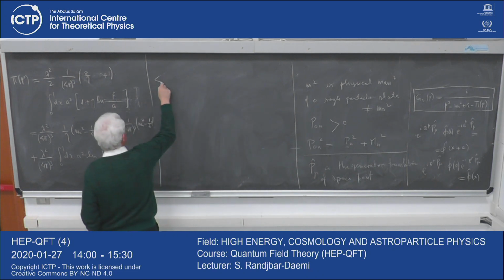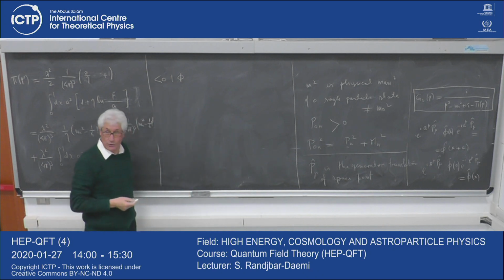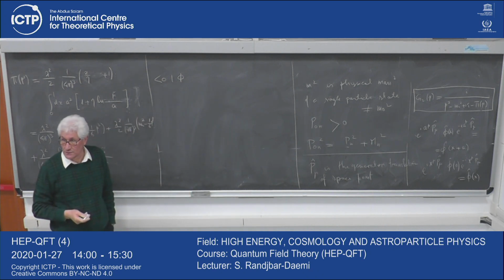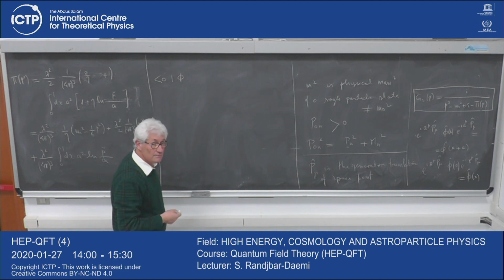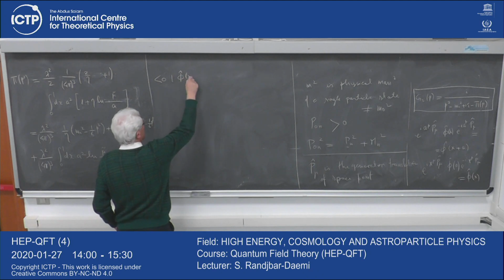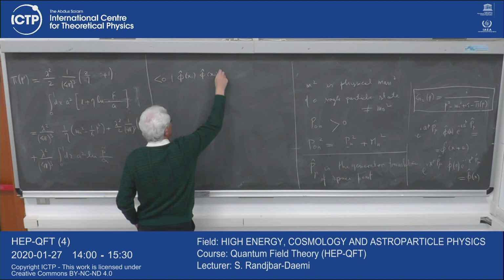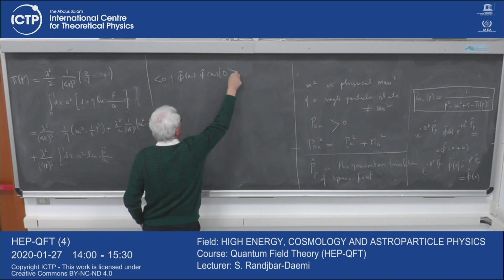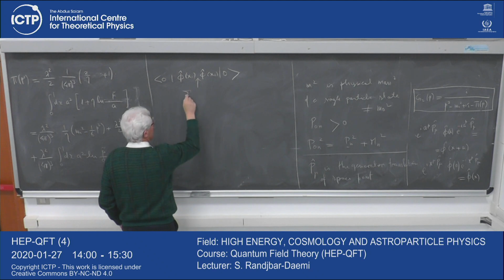So we were examining the spectral decomposition of the two-point function. We did already the graphical one. We said that we take this one and insert here a complete set of eigenstates.